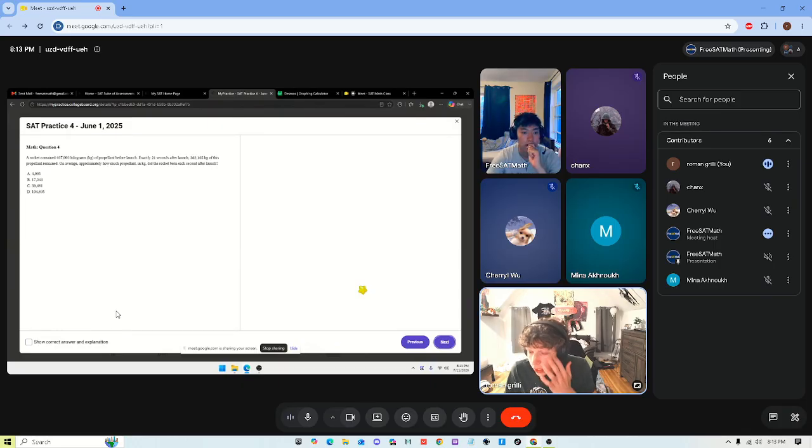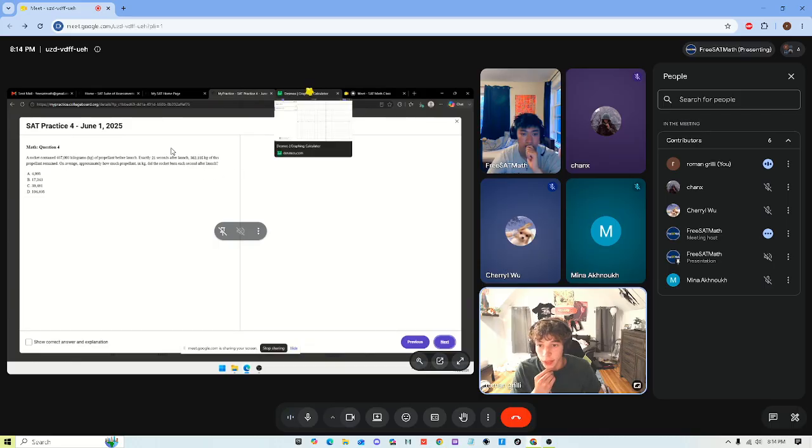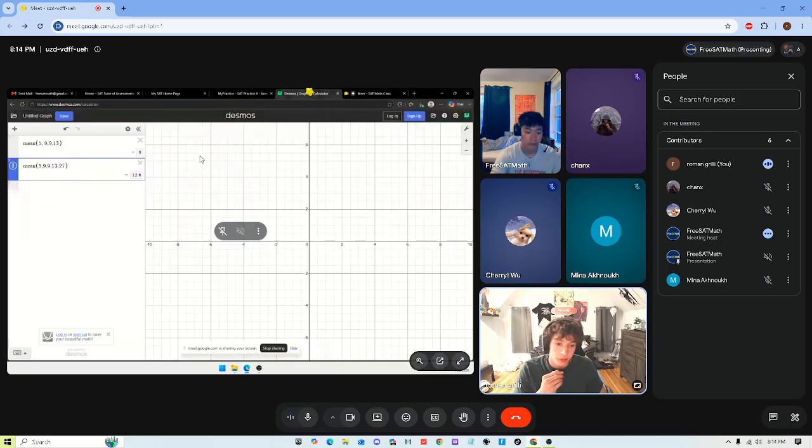A rocket contained 467,000 kilograms of propellant before launch. Exactly 21 seconds after launch, 362,105 kilograms of this propellant remained. On average, approximately how much propellant did the rocket burn each second? Okay, so if it started at 467,000, we would just do 467,000 minus 362,000 to find how much fuel was burned.